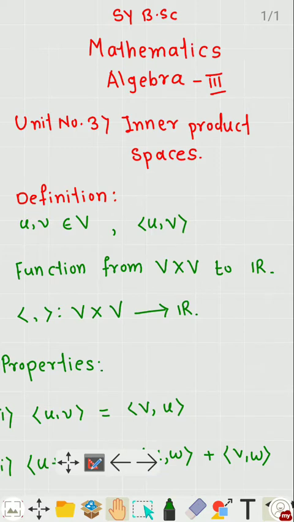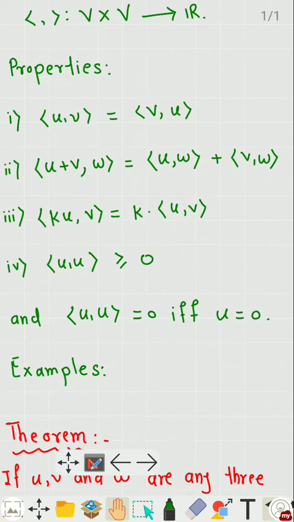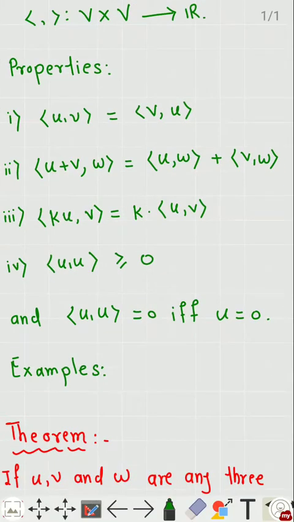The properties of the inner product are: the first property satisfied by the inner product is that the inner product of u, v is equal to the inner product of v, u. It is called the property of symmetry. The second property is that the inner product of u plus v with w is equal to the inner product of u with w plus the inner product of v with w.